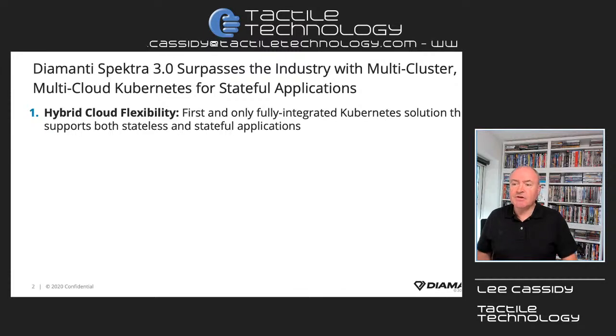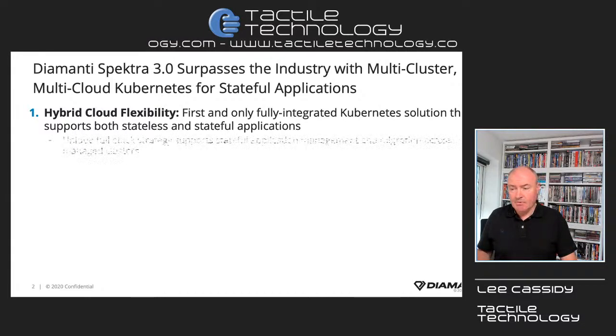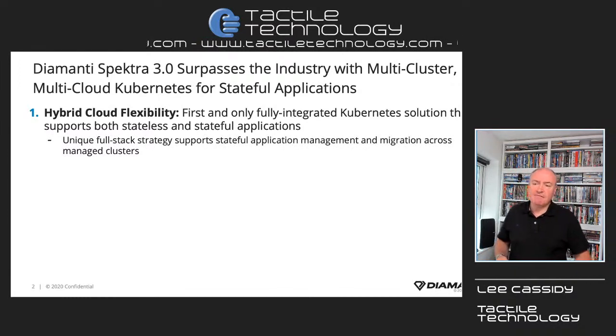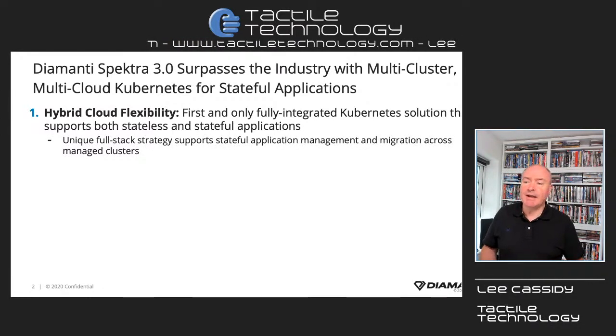But with this new version, what we can do is actually provide a multi-cluster and multi-cloud environment. So you can have multi-clusters on-premise in different sites, but you can also use a variety of public cloud services to run Kubernetes as well, which makes it much more flexible in the way that you deploy that, but also gives you the ability to manage stateful applications.